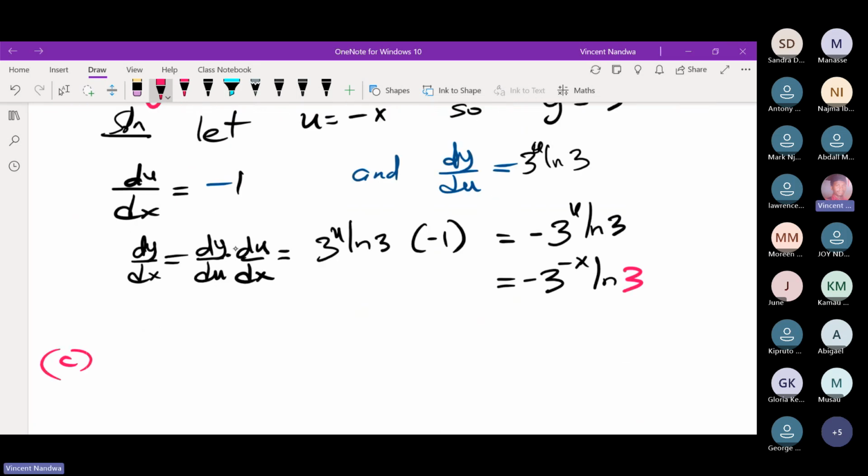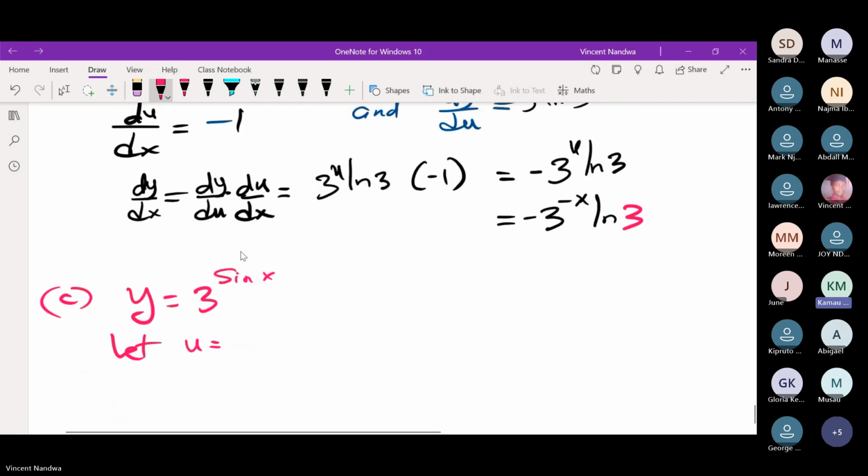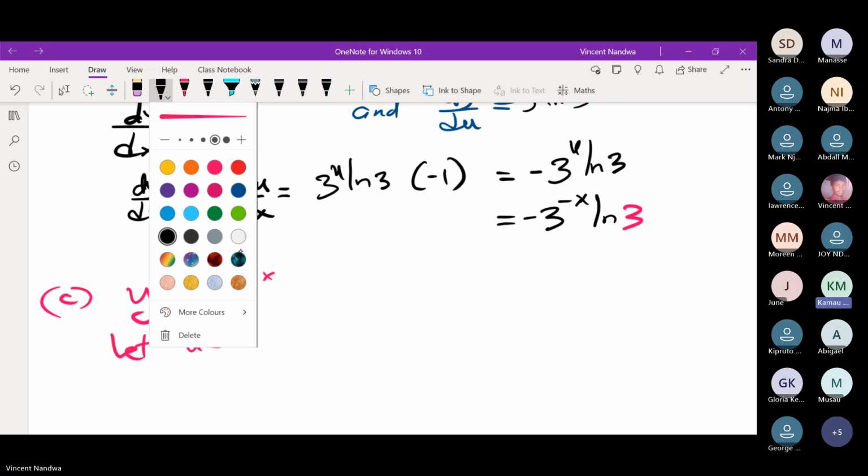Then C, y equals 3 raised power sine x. So what will be the first step to compute this? Chain rule: we let u be sine x. Sine x, correct.